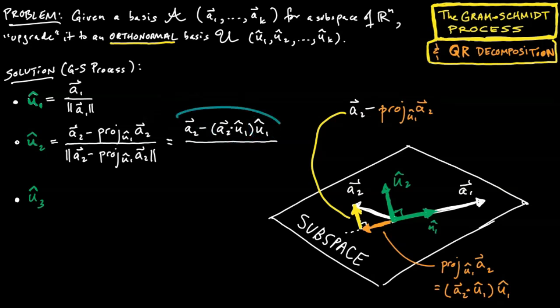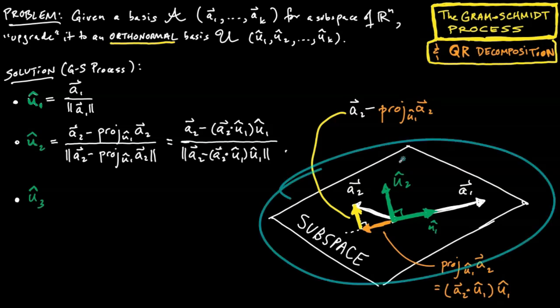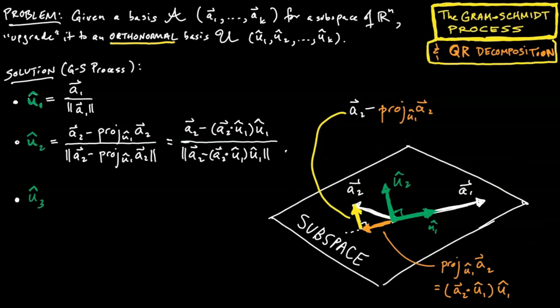And then, of course, we have to take that vector, which is the yellow vector down here, and normalize it. That is, divide by its own length. And that's that. Now, for God's sake, do not memorize that thing, or this thing. Instead, whenever you need to work with the Gram-Schmidt process, just draw a picture like we've done here, and it will guide you step by step to exactly the sort of thing you need.